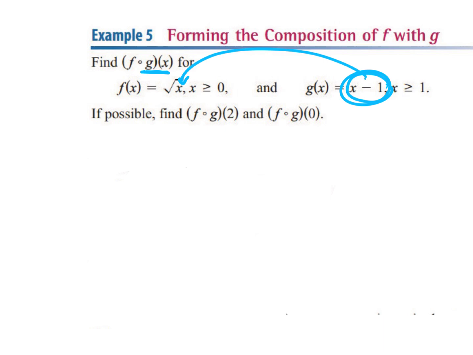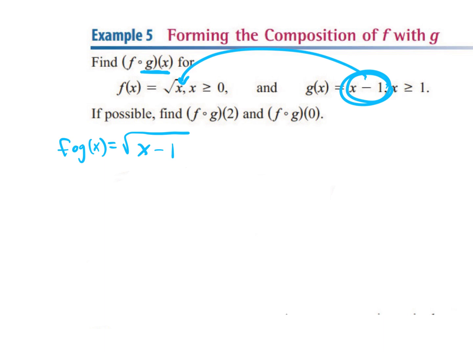Circle and draw arrows of what you're putting into where. That way you don't get confused. So here we have the square root of x minus 1. We don't have to do any math here to simplify. We can't simplify from here. So f of g of x would just be the square root of x minus 1.